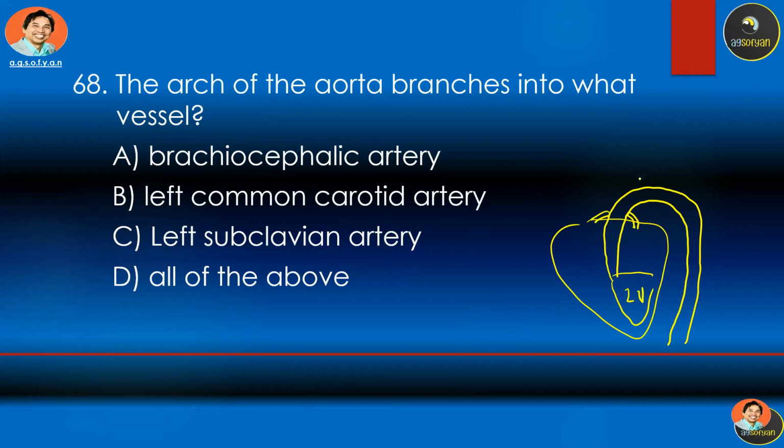The arch of the aorta will branch into three arteries. The right one is called the brachiocephalic artery. On the left, it has two branchings. It's the left common carotid artery going to the left brain, and the left subclavian artery to our left arm.